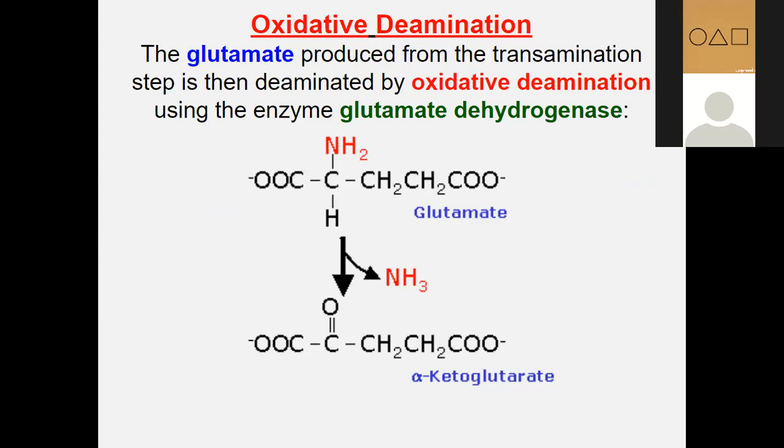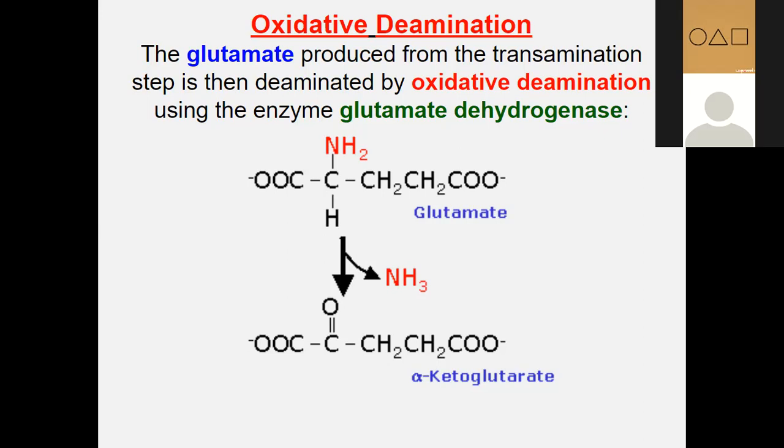Okay. So your glutamate has its amine removed and becomes alpha-ketoglutarate. So the process goes back, no? Your alpha-ketoglutarate will again pick up a new amine from another amino acid.